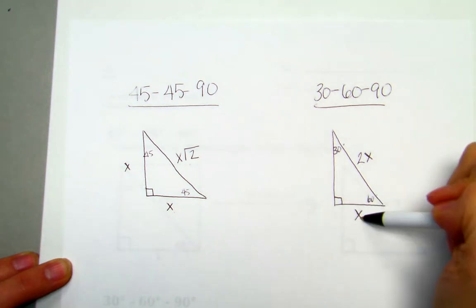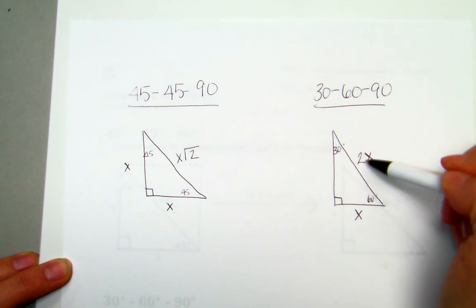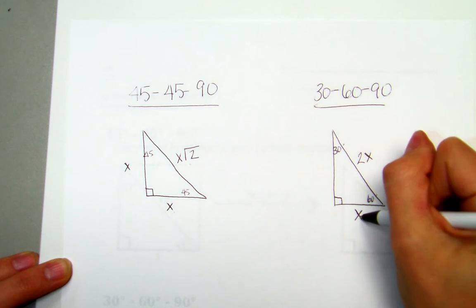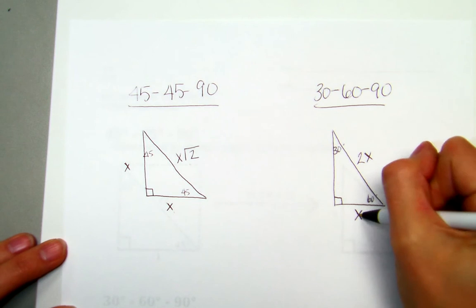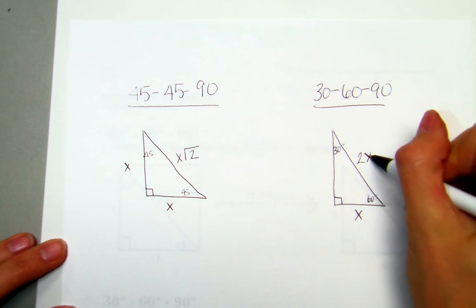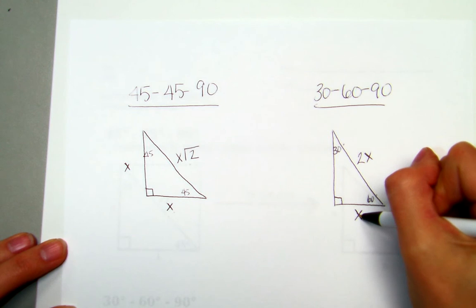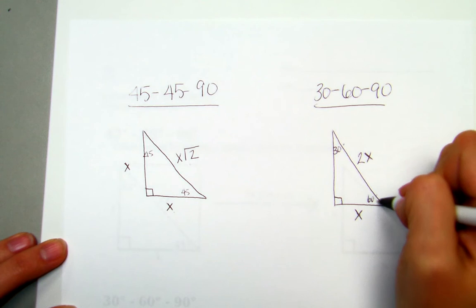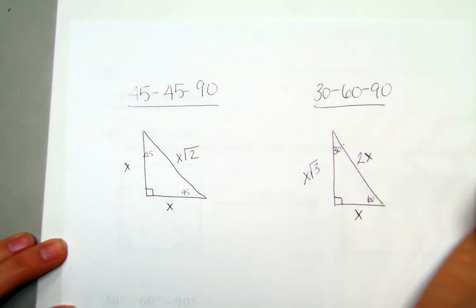So your smallest side and your hypotenuse are always going to either be doubled or half, depending on how you look at it. So your smallest side length, if we call that x, your hypotenuse will always be twice that size. So if x in this case is 10, your hypotenuse is 20. If your leg opposite of 30 here was 15, your hypotenuse would be 30. The relationship with your middle angle, which is 60, will always be x times the square root of 3.